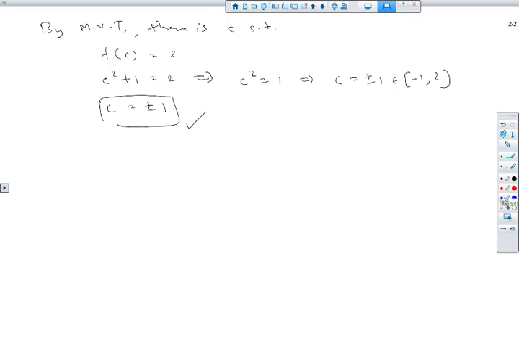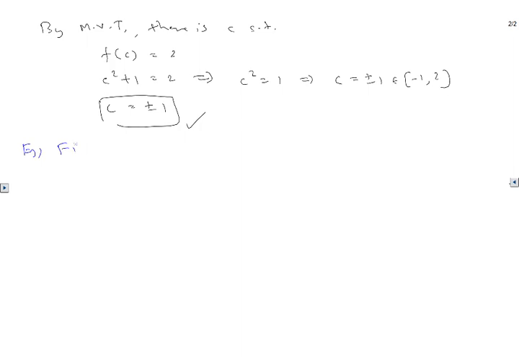Find the average value of f equals cosine to the 4th of x times sine x, from 0 to pi over 2.